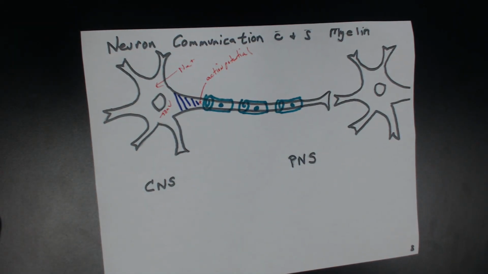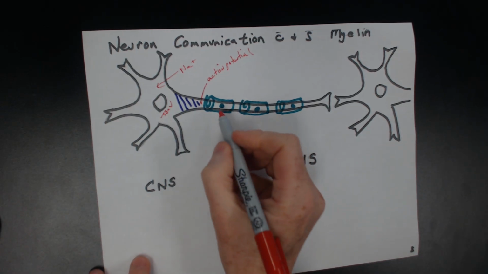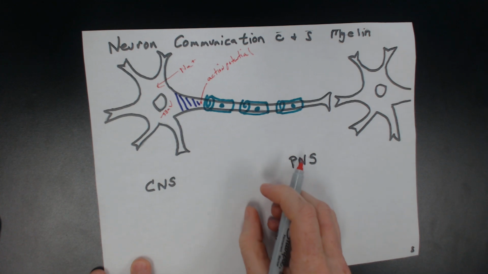Does anyone know anything about the importance of myelin? Why is myelin so important? Go ahead. Yeah, it speeds up the rate of action potential propagation down the axon. It does that because it skips over the areas of myelin.